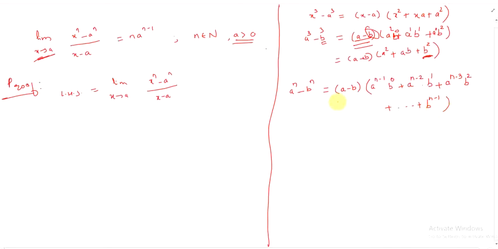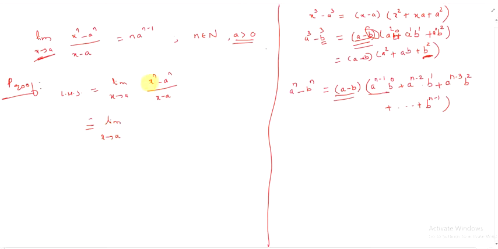So if you understand this one, then it will be helpful to you to use this result here, and it becomes easier to understand. So here, limit x tends to a.